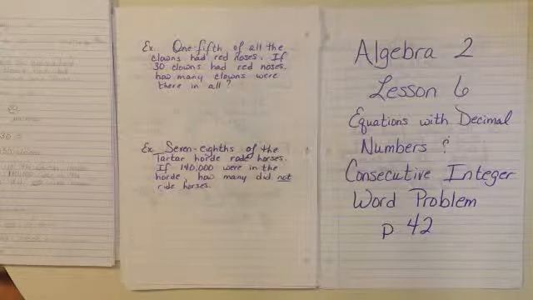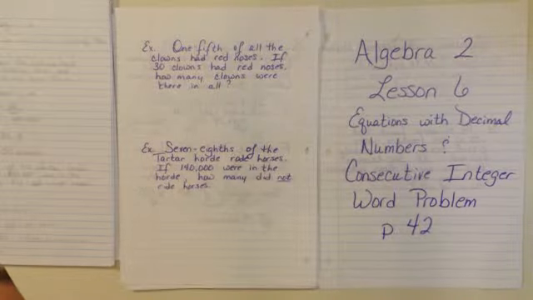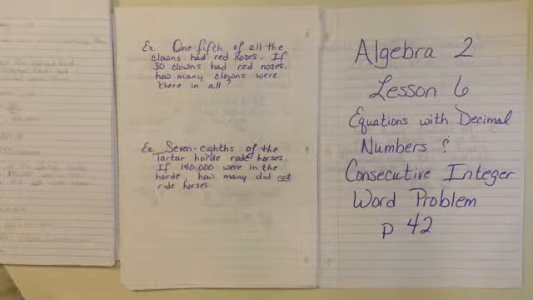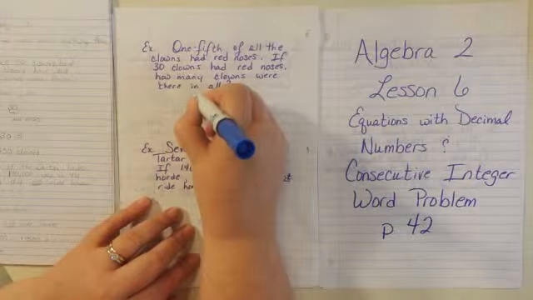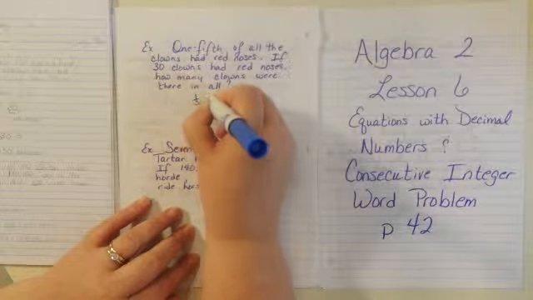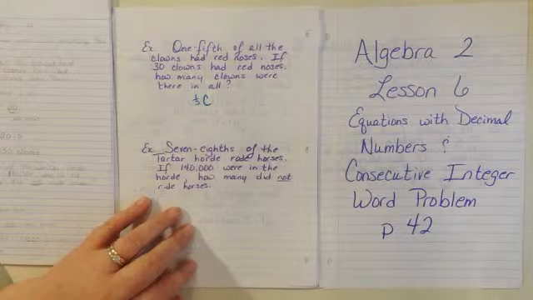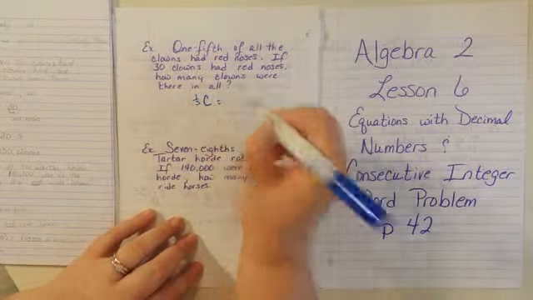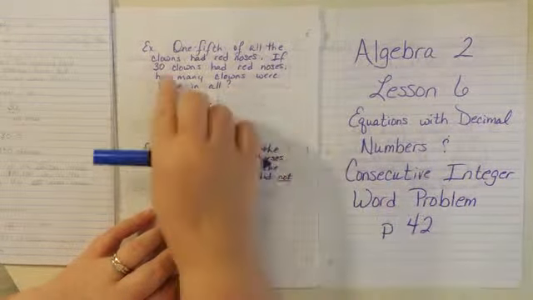1/5 of all the clowns had red noses. If 30 clowns had red noses, how many clowns were there in all? So this means 1/5 of all the clowns, and we're multiplying, equals 30 clowns had red noses.